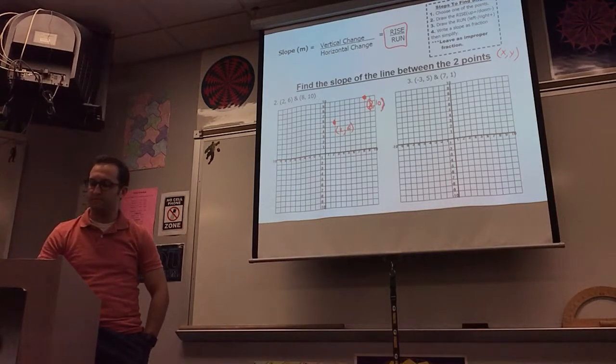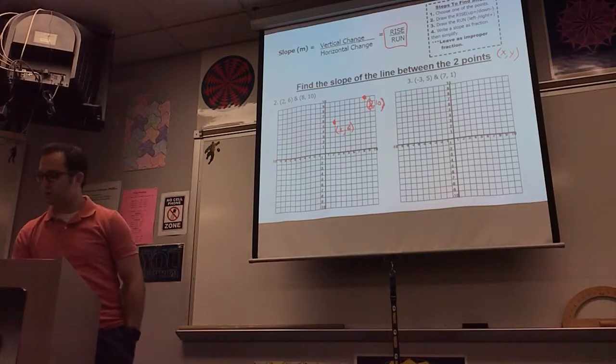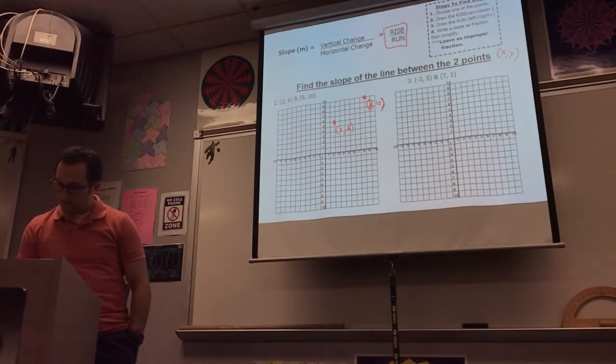Now what do I do? Put the line through it, yeah. Just make sure that you use your straight edge. Okay, and I'll do the best I can because I can't use my straight edge.